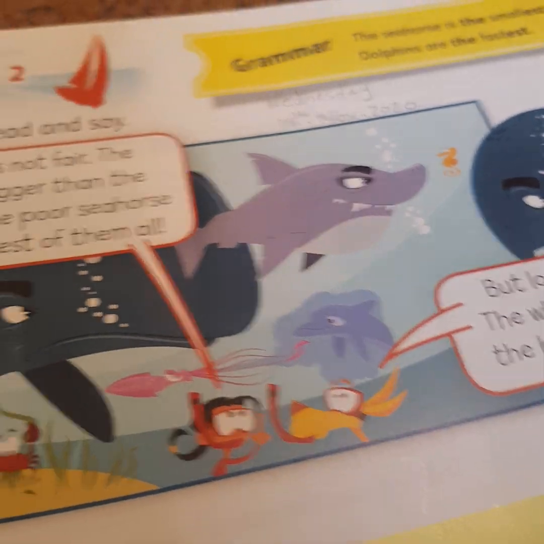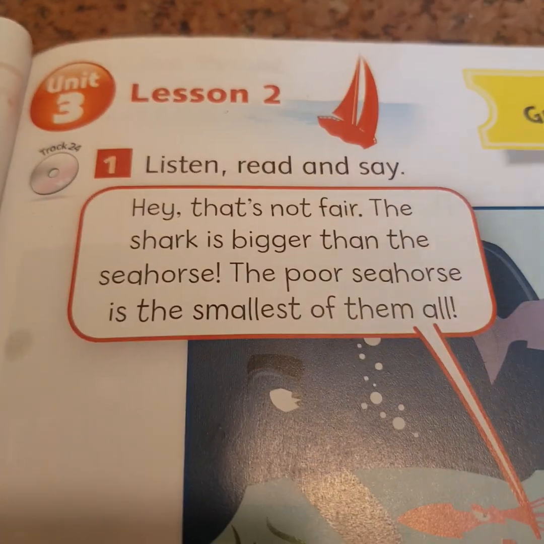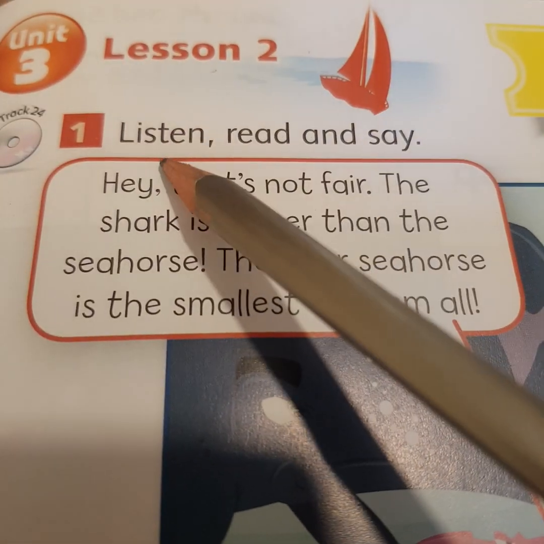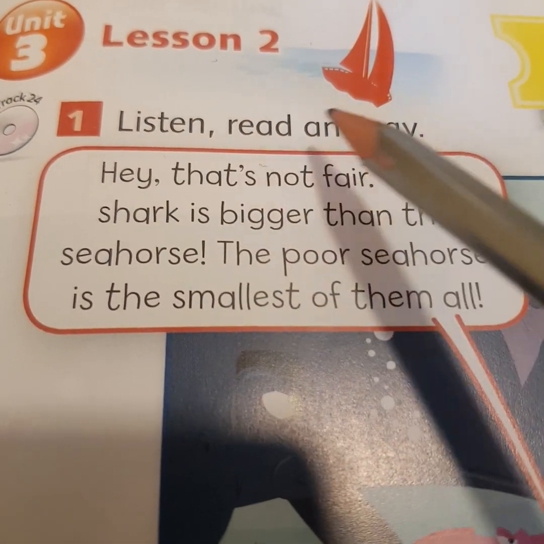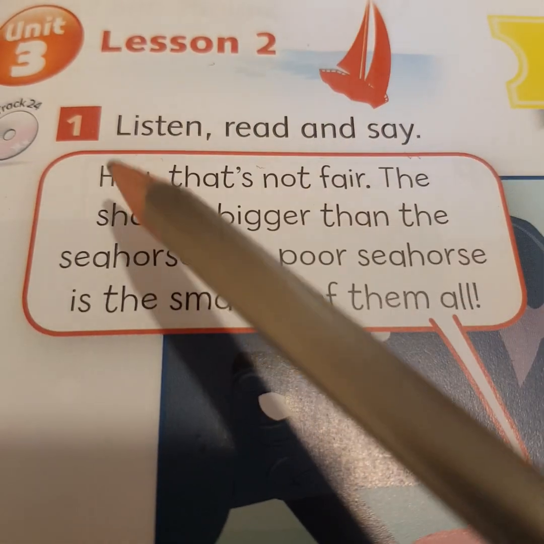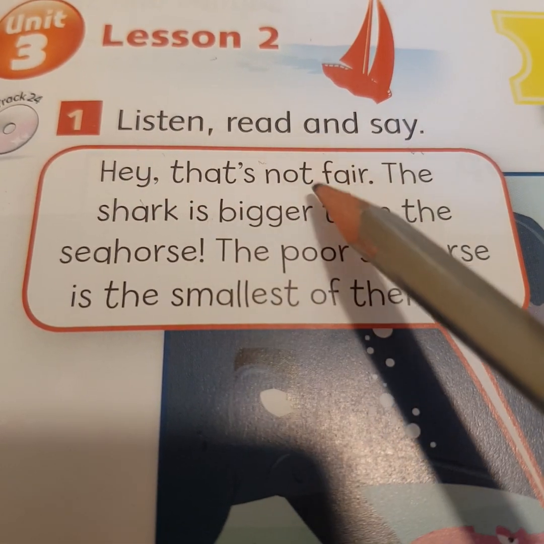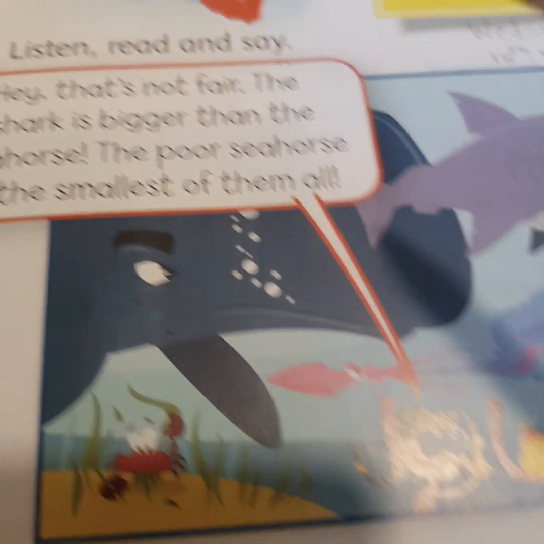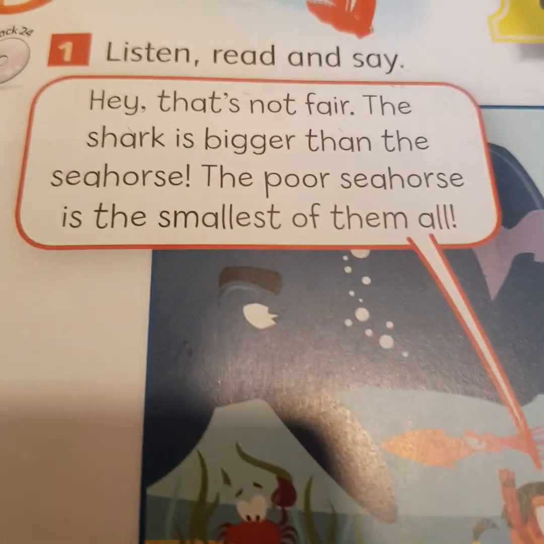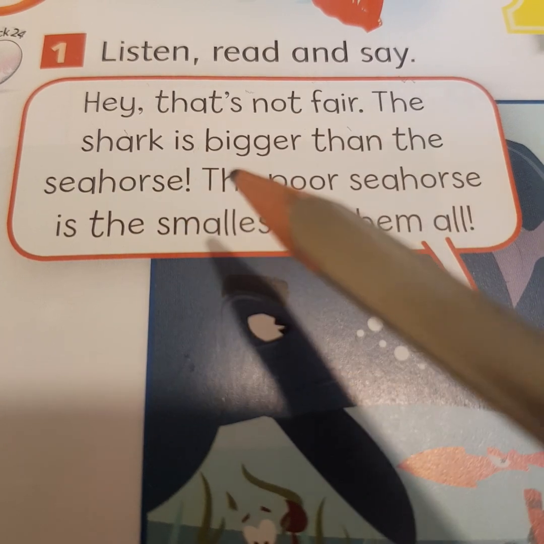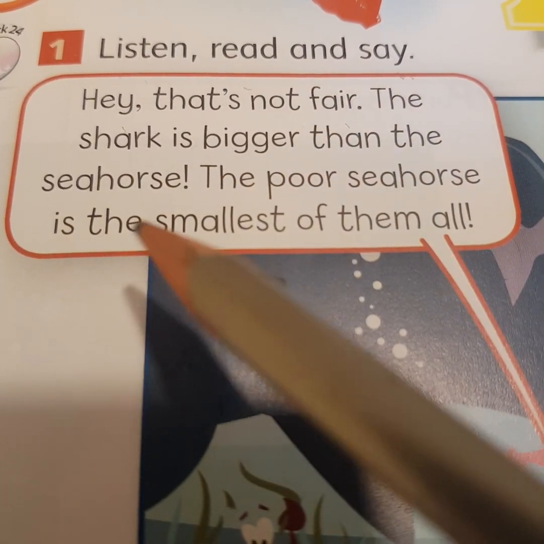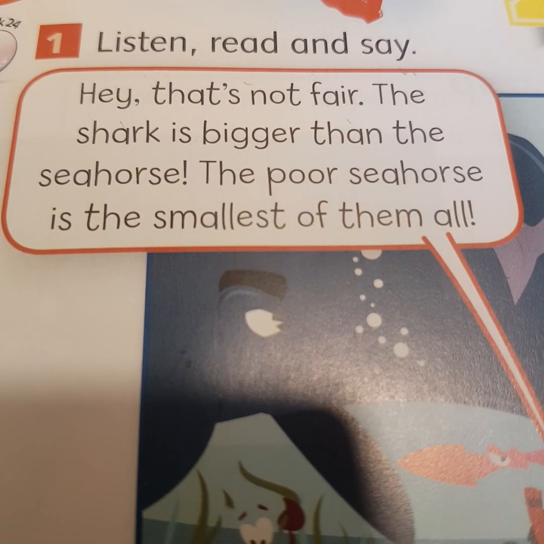Okay, let's read. Listen, read, and say. Hey, that's not fair. So who's talking now? It's Tina. The shark is bigger than the seahorse. The poor seahorse is the smallest of them all.